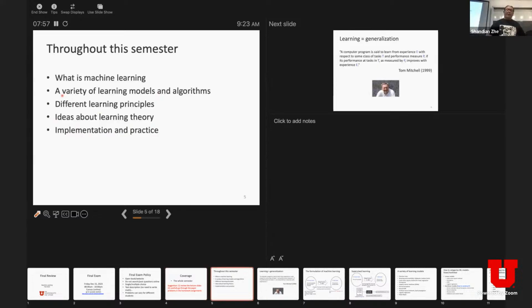So now let us quickly look at what we have discussed throughout this semester. We first gave a formal definition of machine learning, and then under that framework, specifically the supervised learning framework, we discussed a variety of models and algorithms.